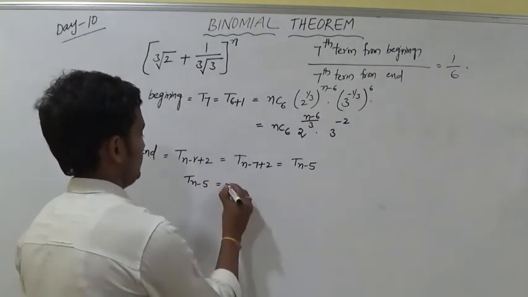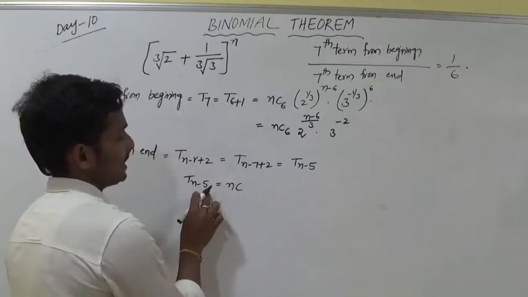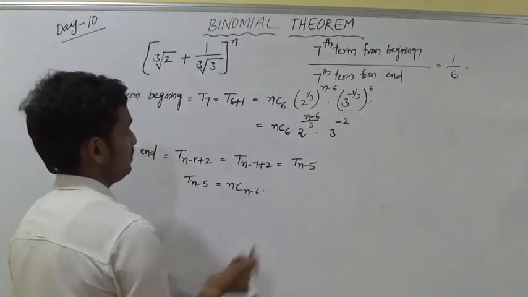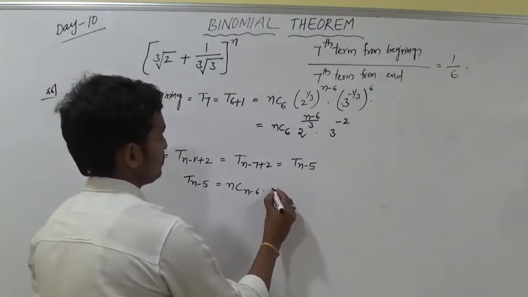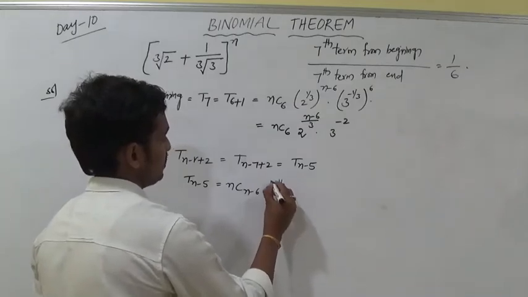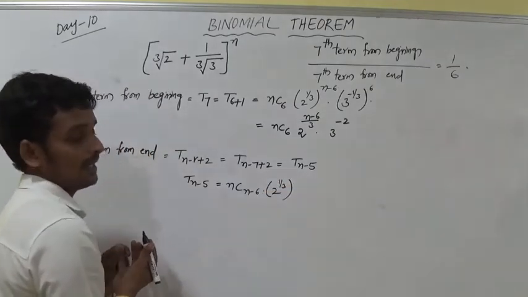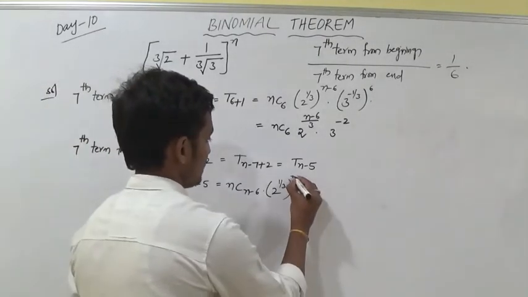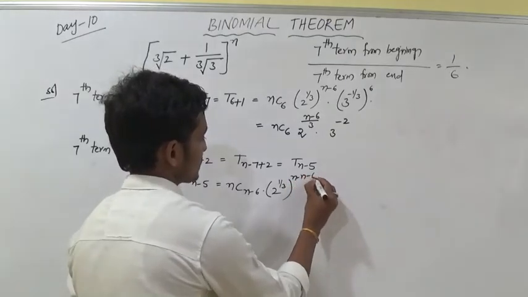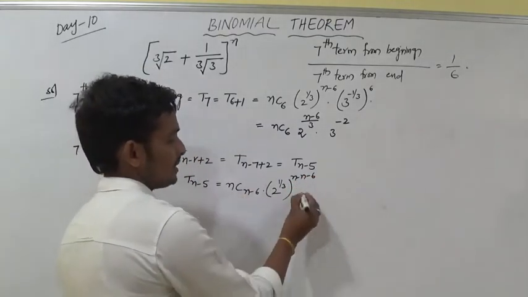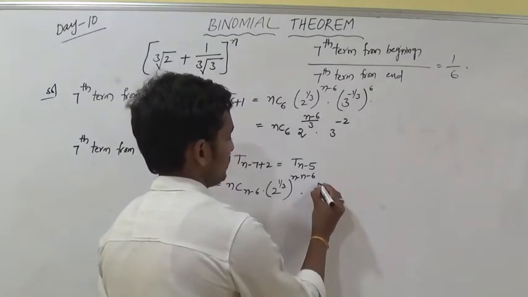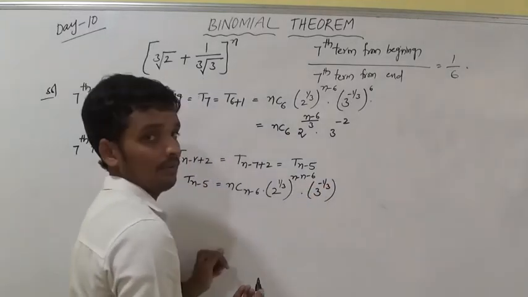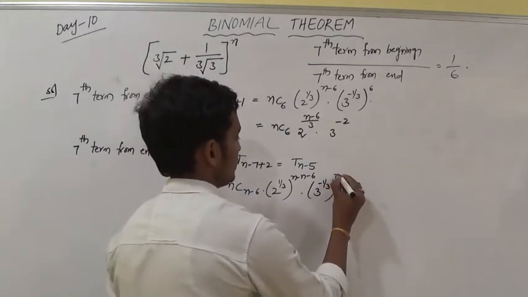t n minus 5 is equal to nc n minus 6, into a power, where a here is 2 power 1 by 3, whole to the power of n minus 6. Then 3 power minus 1 by 3, whole to the power of n minus 6.